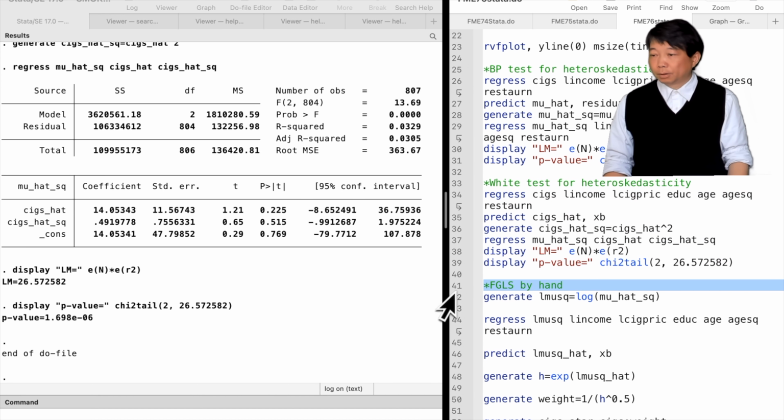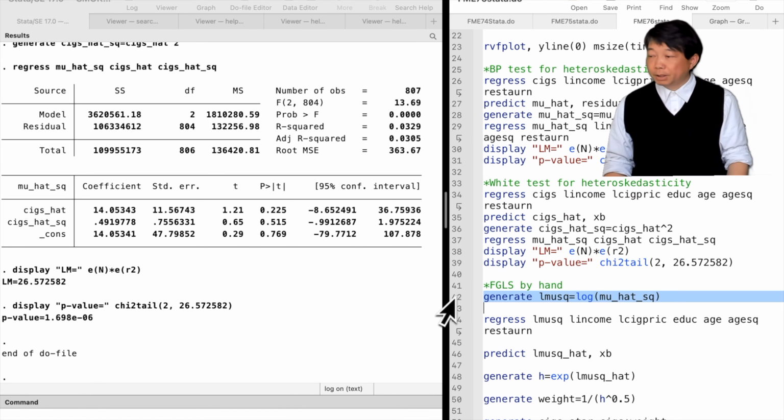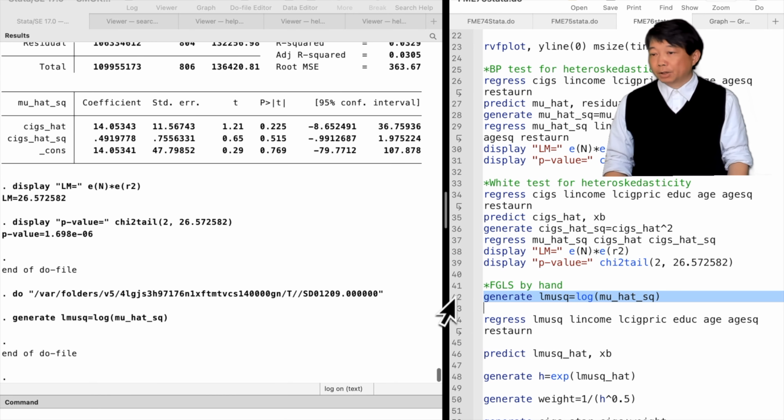To manually find the estimates, we follow the 4 steps of feasible GLS to address heteroskedasticity. We have already obtained the squared residuals from the original model in the BP test. We generate the log of the squared residuals.